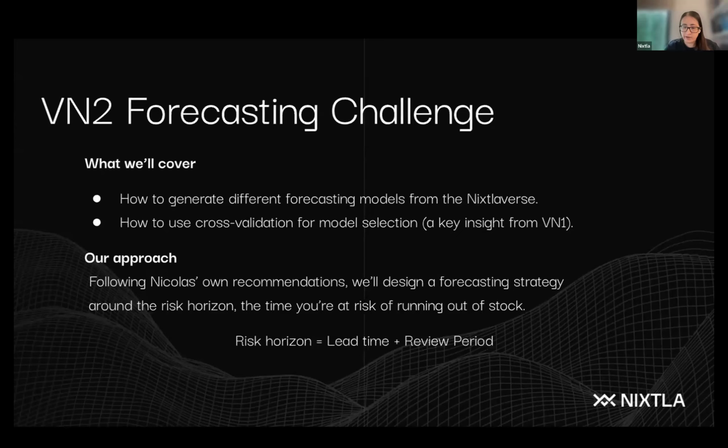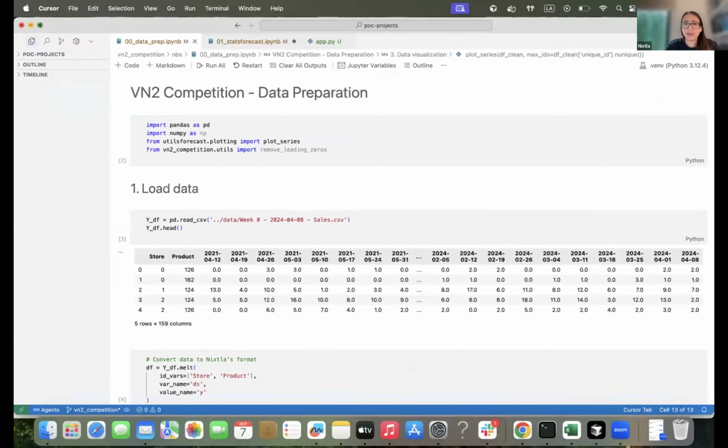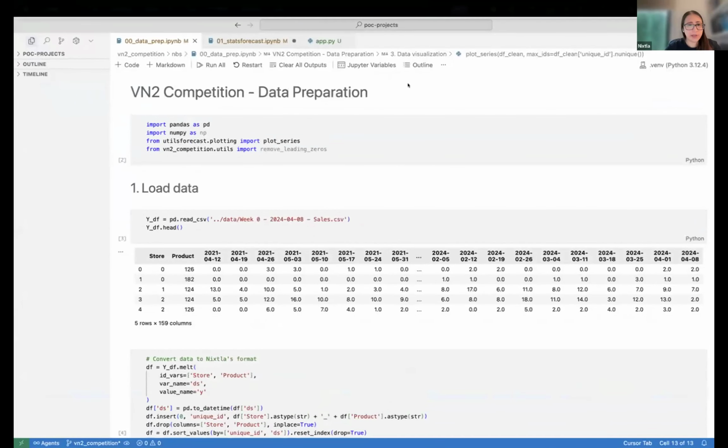So now let me share my notebook. Now you should be able to see it. Before generating the forecast, it is necessary to prepare the data and have a good understanding of it, so that is what we are going to do in this notebook.